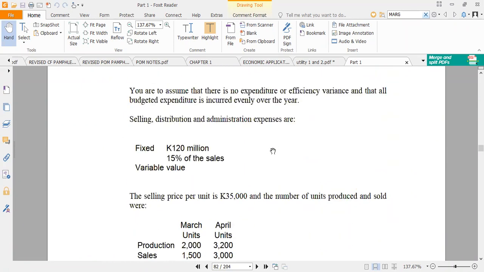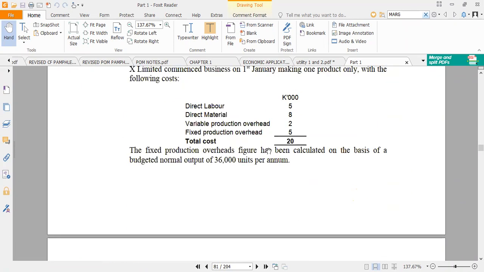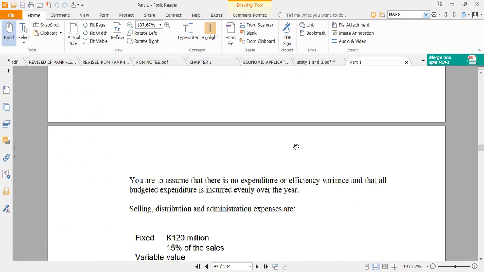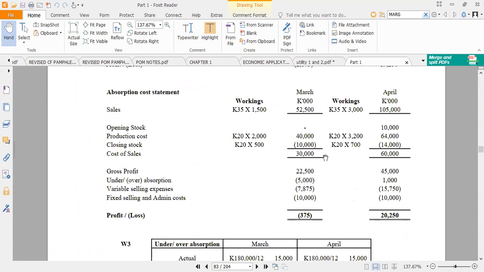The 20 is the total fixed cost, together with the variable cost, so that's where the figure of 10,000 is coming from. Then there was a production of 20 times 3,200. 20 is the full product cost in terms of total variable cost and total fixed cost.